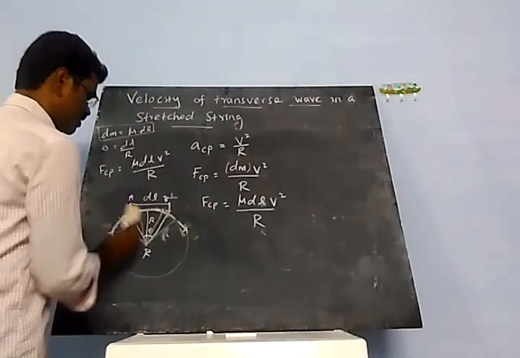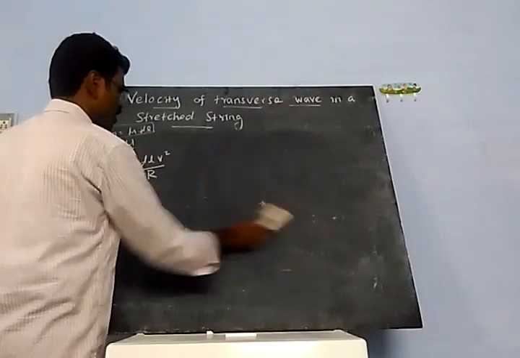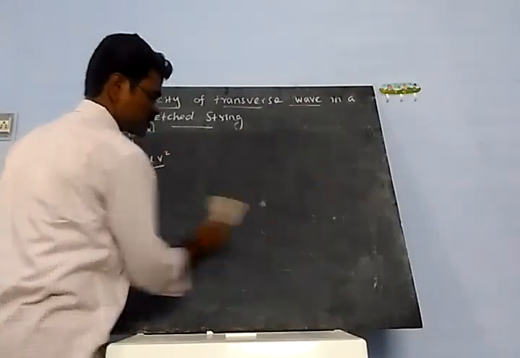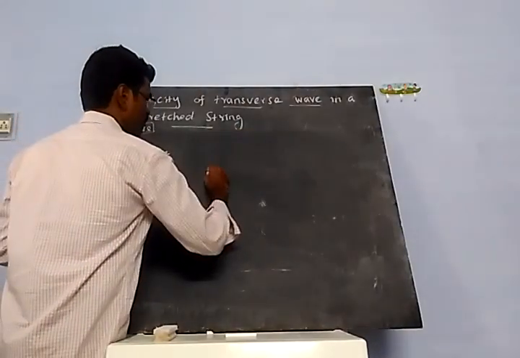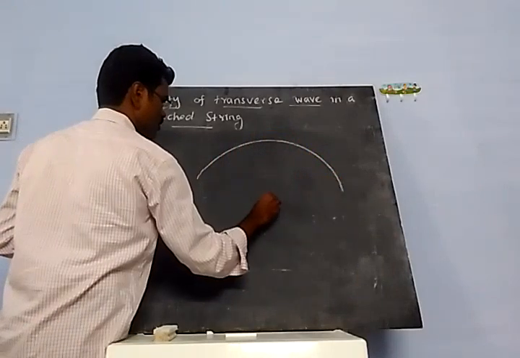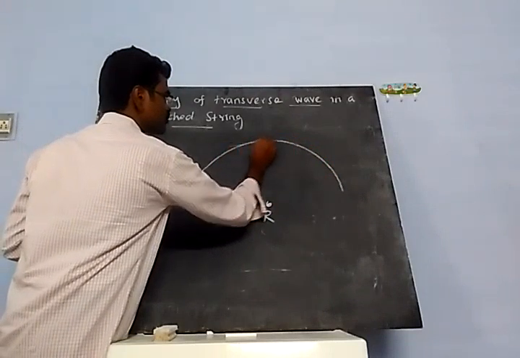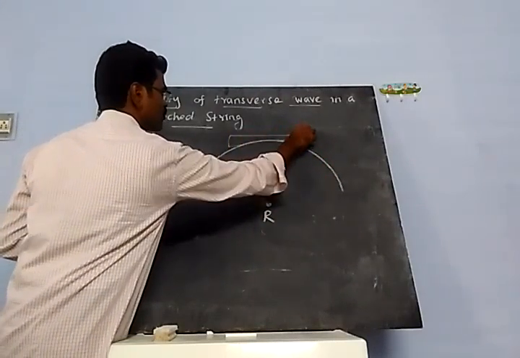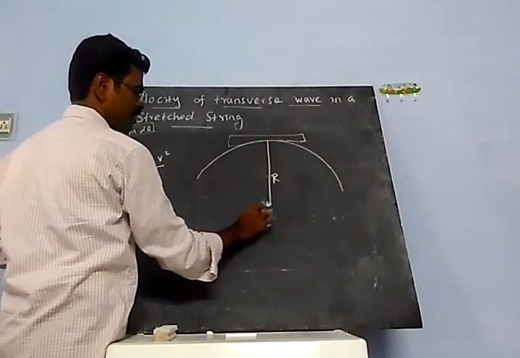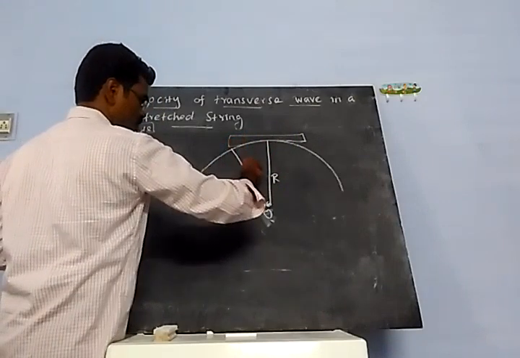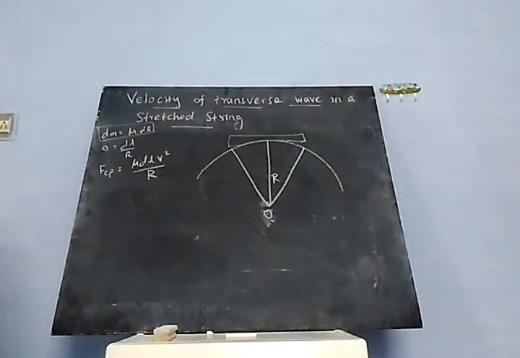Then next, from this diagram, I am going to calculate the radial force. This is the centripetal force. Next one, radial force. So this is R radius, and the center point is O. Going to draw each side, joining this side.